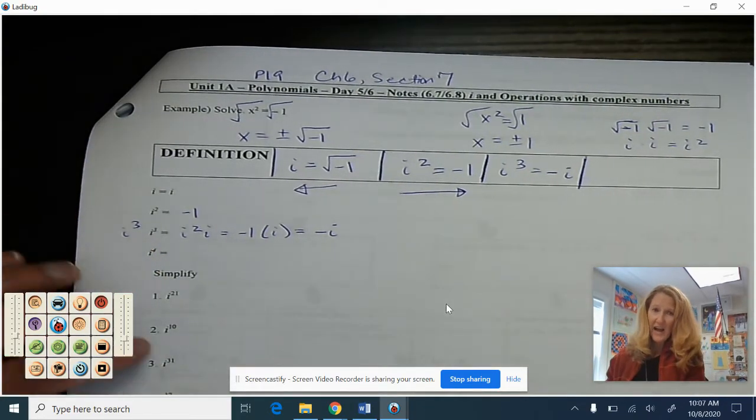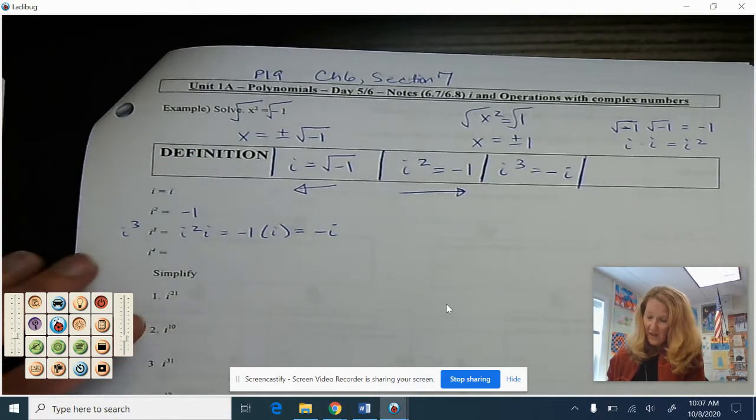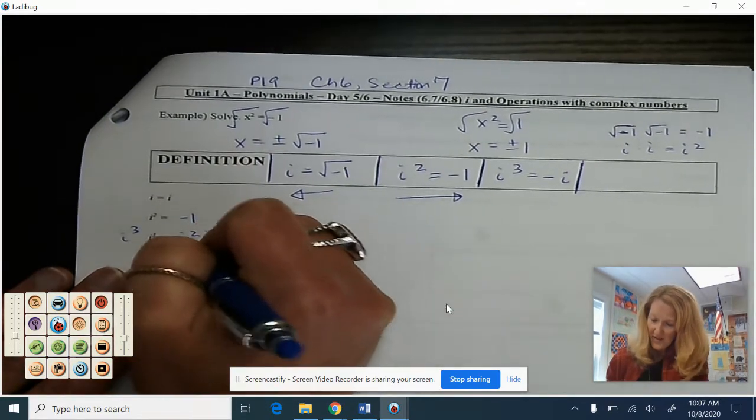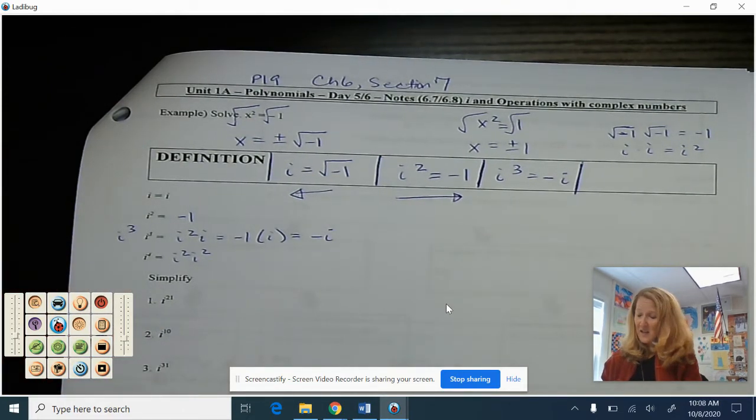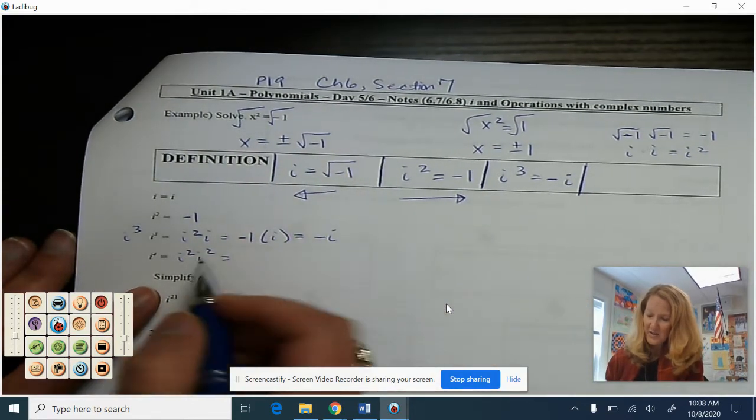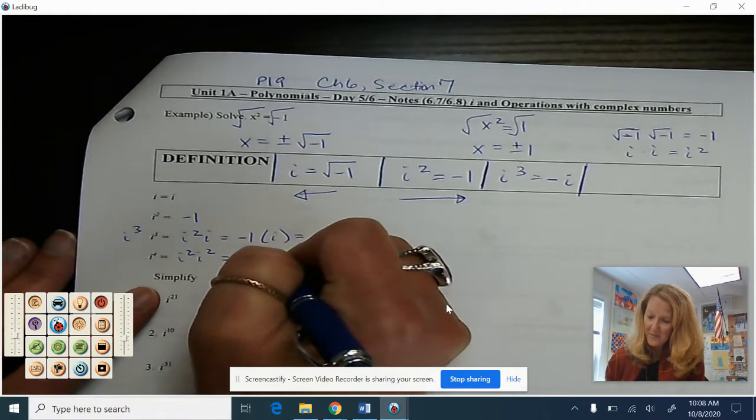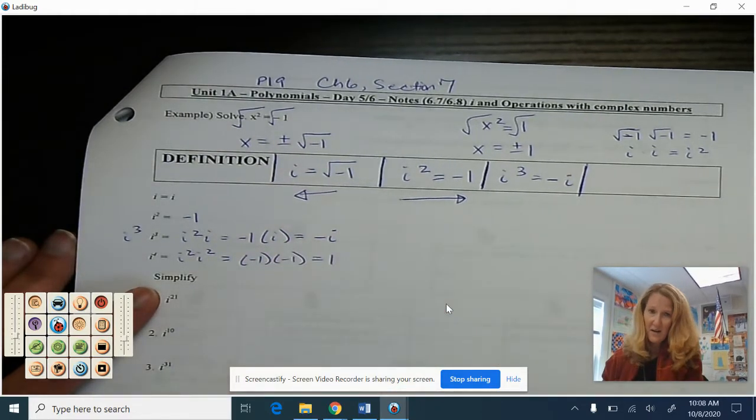All right, and then i to the 4th could be written as i squared times i squared. So remember our properties of exponents. If you are multiplying with the same base, you add your exponents. So 2 plus 2 is 4, and we already defined i squared as -1. So you would do -1 times -1 and then get a product of 1.